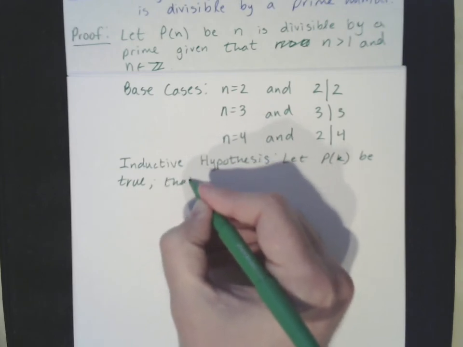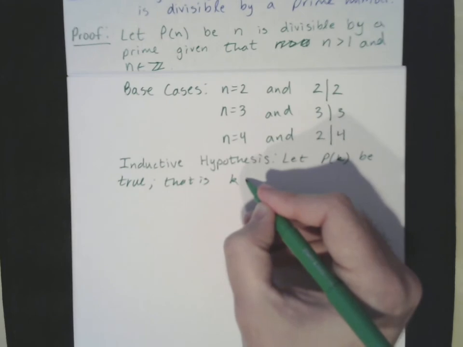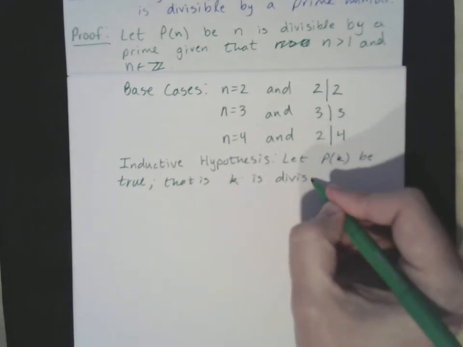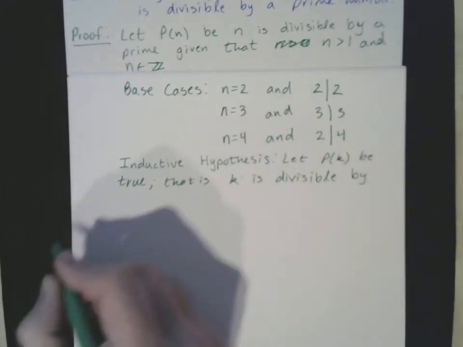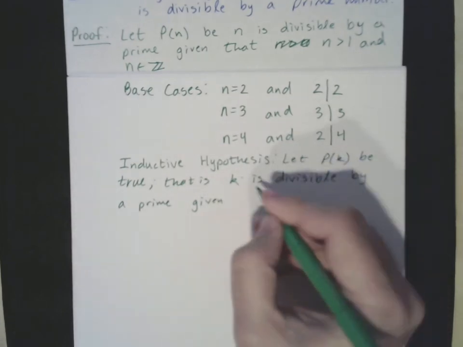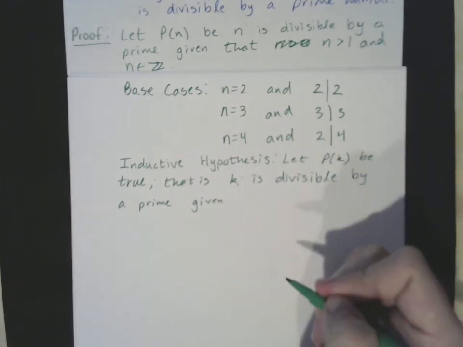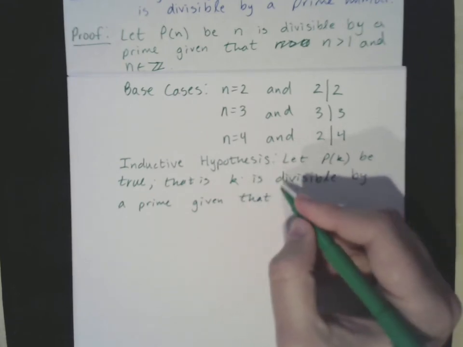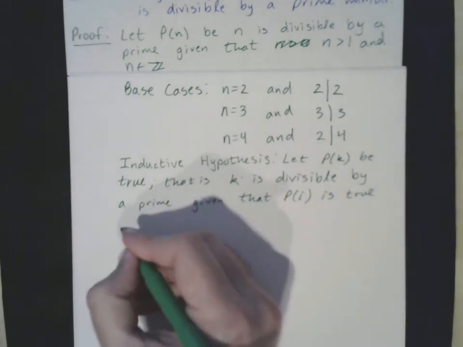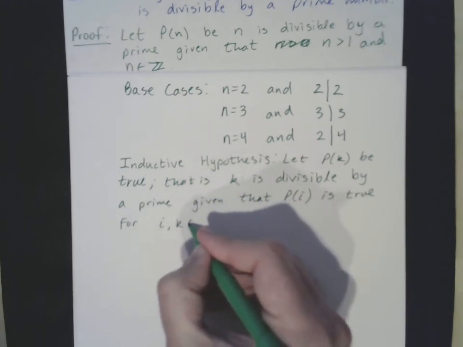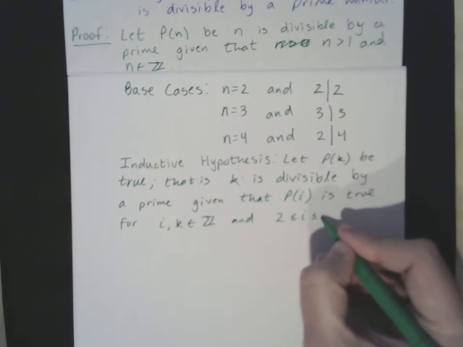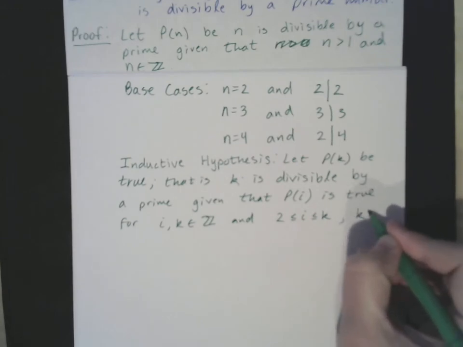That is, k is divisible by a prime, given that P of i is true for i and k that are integers, and 2 less than or equal to i less than or equal to k, where k is greater than or equal to 4.